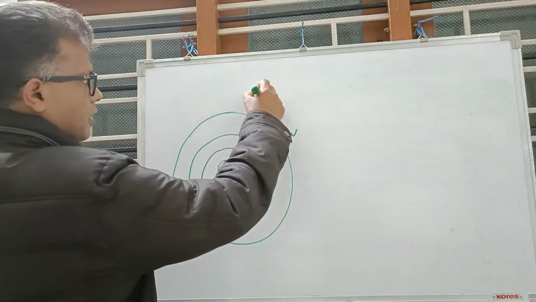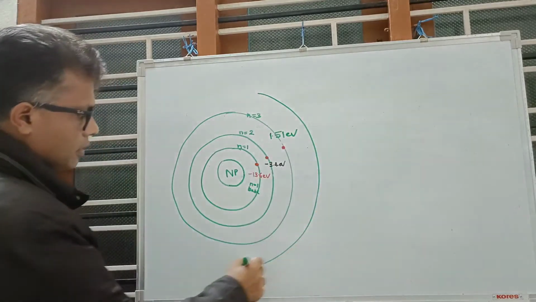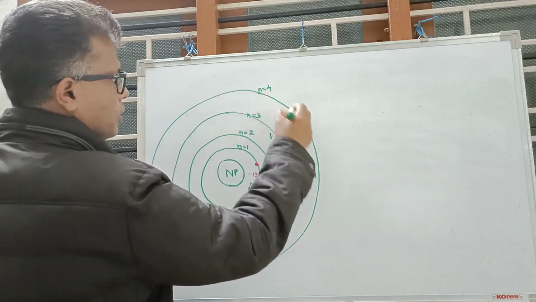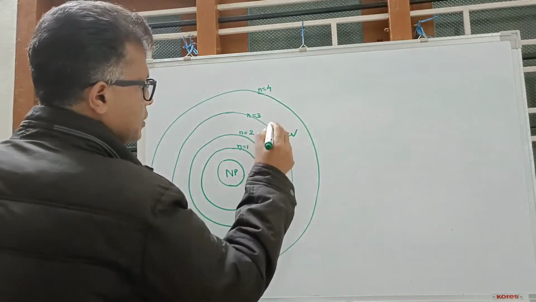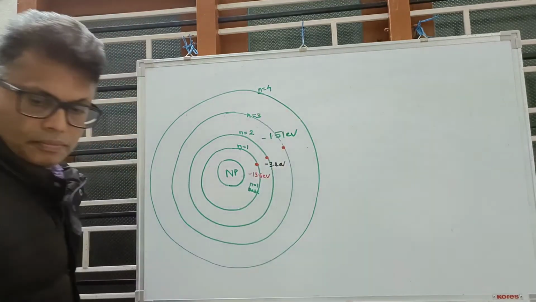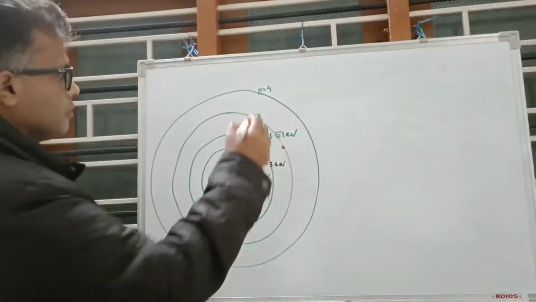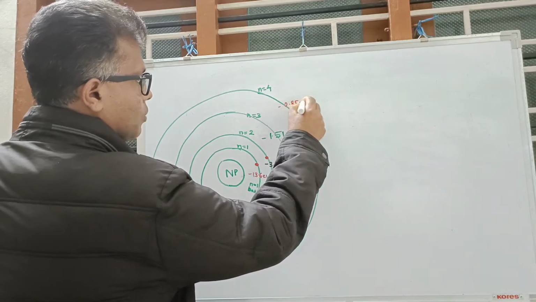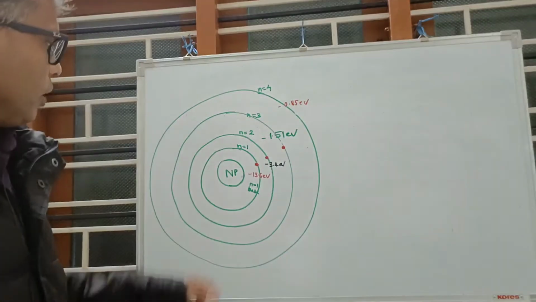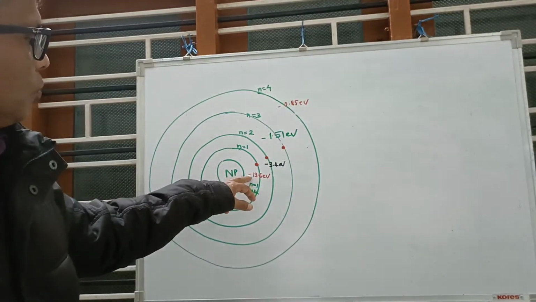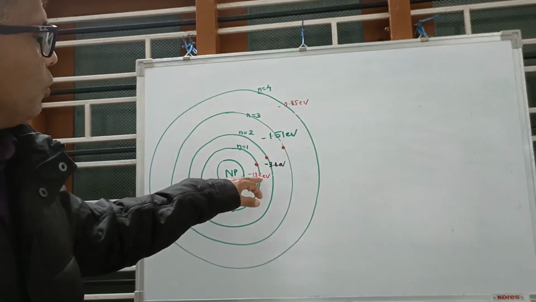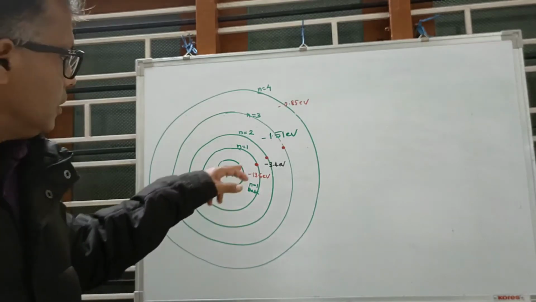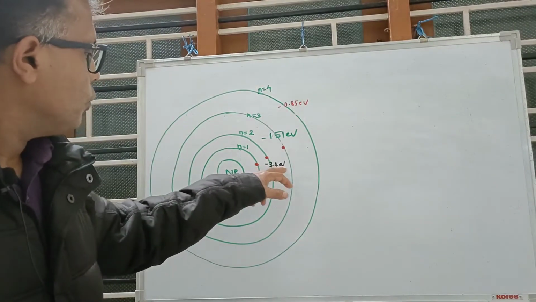If it is the fourth one, n is equal to 4, it is rotating with minus 0.85 electron volt. This is all minus. So now you see the base one requires only minus 13.6 electron volt to revolve here. Here it is minus 3.4 electron volt.